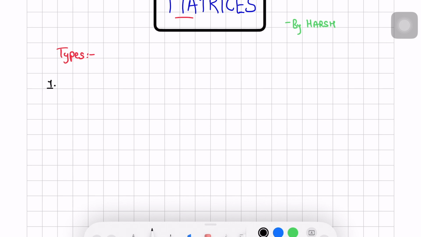The first subtopic in matrices that we have is eigenvalues and eigenvectors. You must have heard of these subtopics in your college before. We are going to study about this in detail with examples.